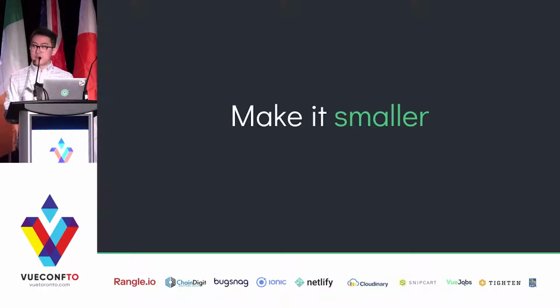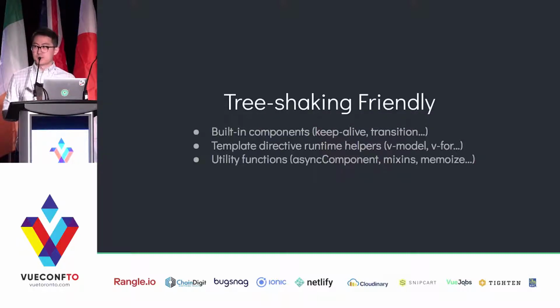And for any directive you use, a lot of them have a corresponding runtime helper. Some of the components, like keep-alive or async components, also have some associated code. So a lot of these can actually be made tree-shakeable. In Vue 3, we are redesigning our code structure so that anything that's not absolutely necessary to just render a hello world component should be tree-shakeable.